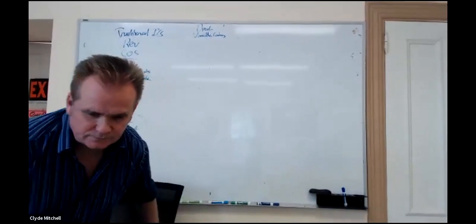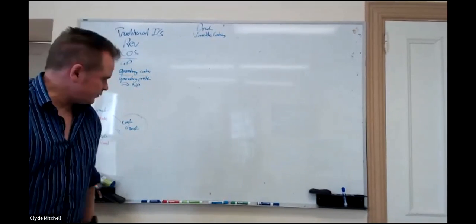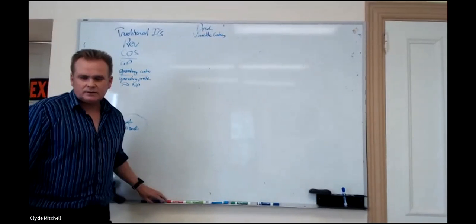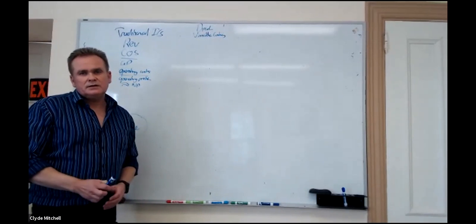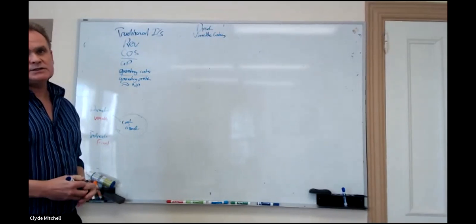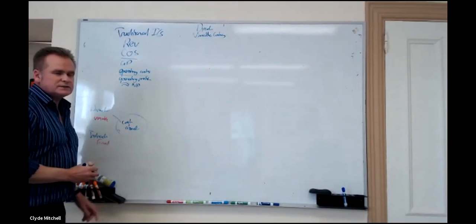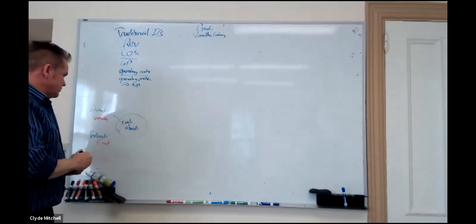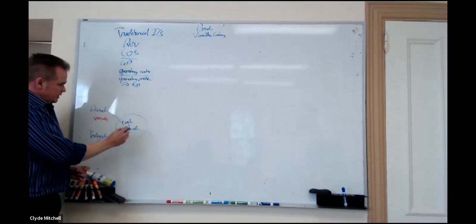So we're going to go over and look at the screen and have a look at the differences between direct costing and traditional costing. Remember when we had the cost object, we said that with respect to the cost object, we have direct costs and indirect costs.